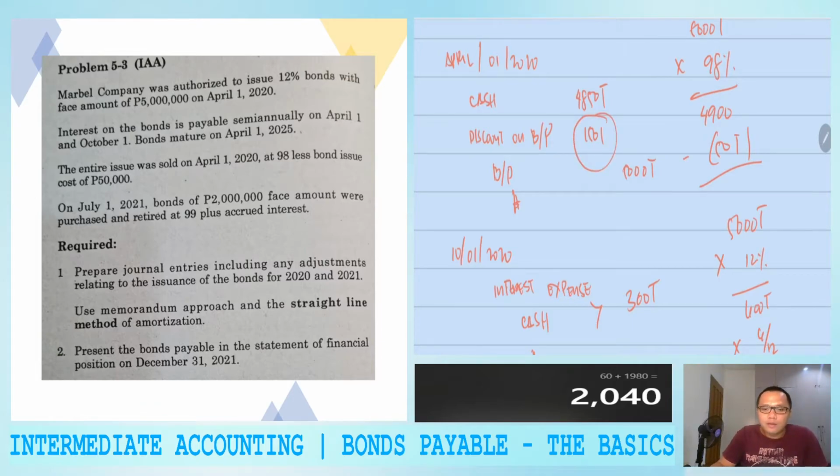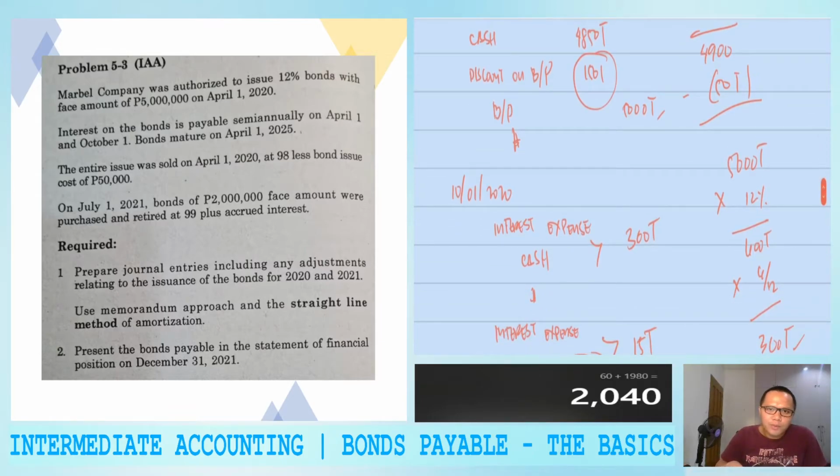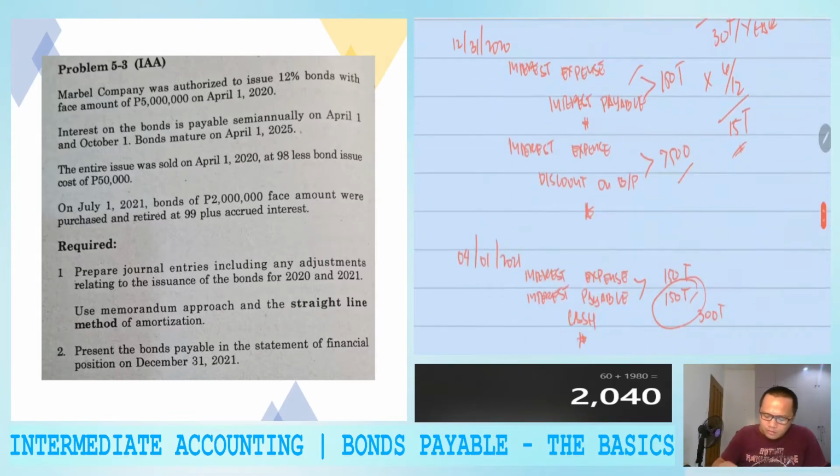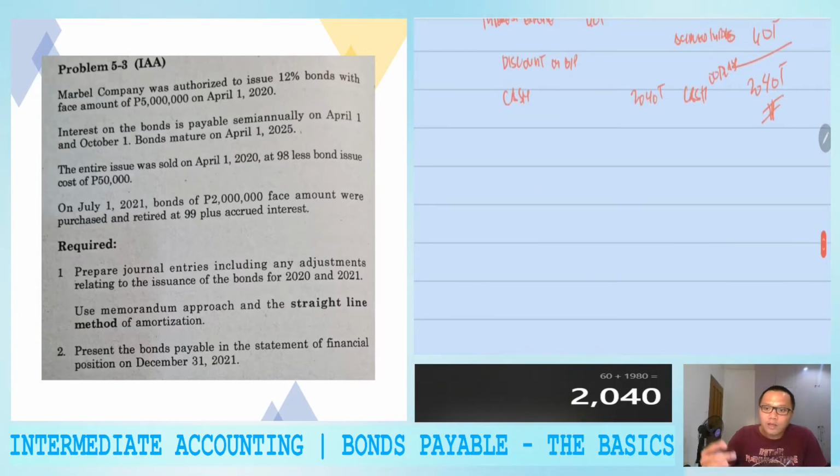150,000. Diba? But yun nga, that pertains to 5 million. So, ngayon, if we are to compute how much is the applicable discount for the 2 million, ratio na lang natin para mas madali, di ba? 2 million over 5 million times 150,000.